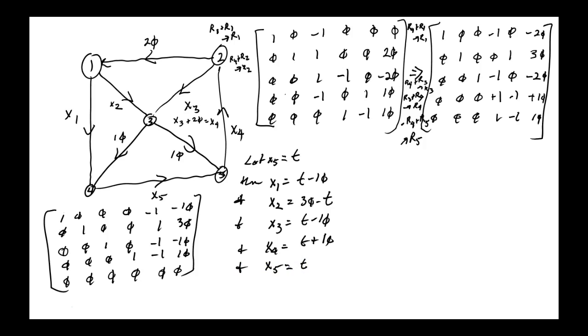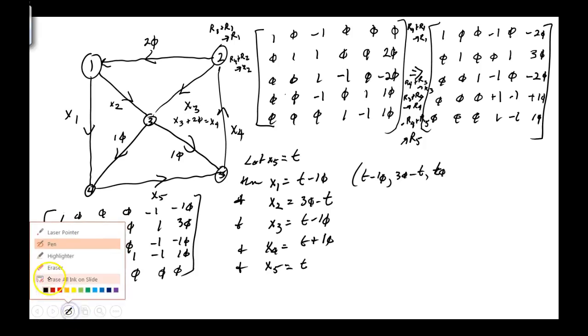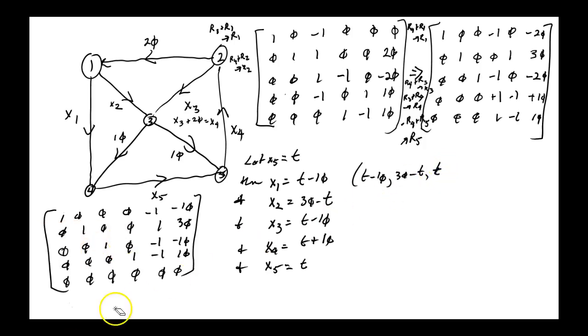So if you wrote that as a quintuple, I guess you would say, and you don't have to, but you could write it t minus 10, comma, 30 minus t, comma, t minus 10, comma, t plus 10, comma, t.